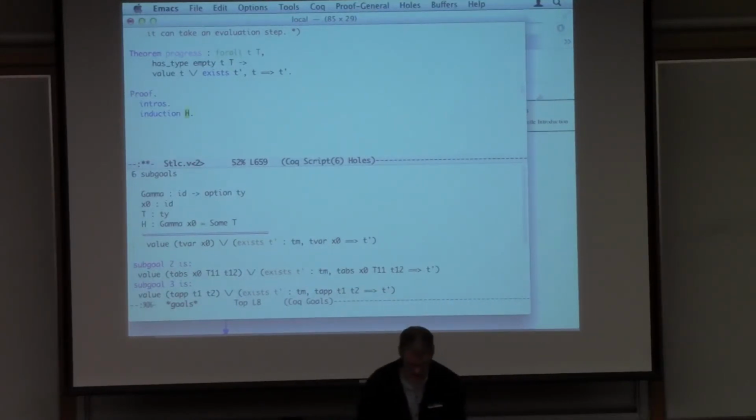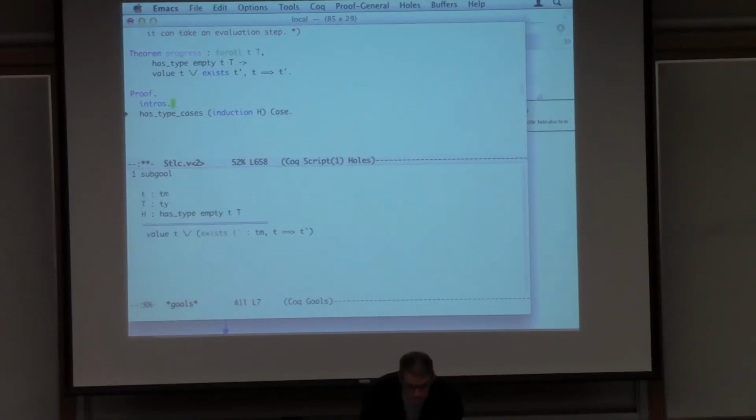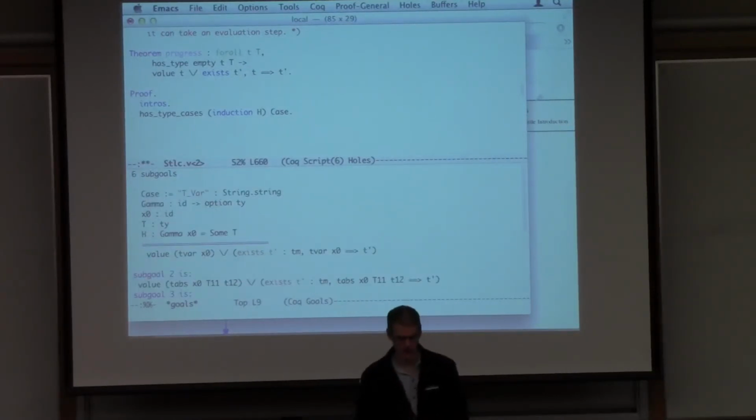Yeah, so we had this has type cases. And then we wrap the induction H in parentheses, and then since we're at the outer level, we want case instead of S case or SS case. Okay, this is a little bit better.